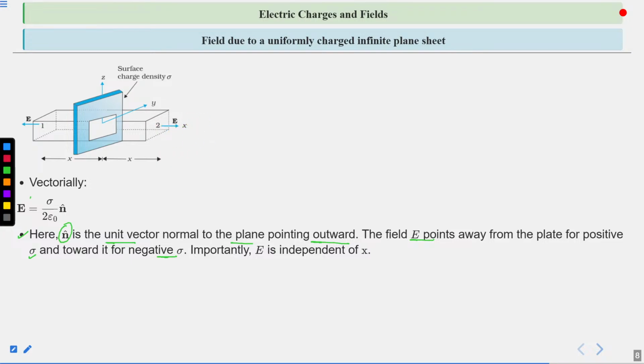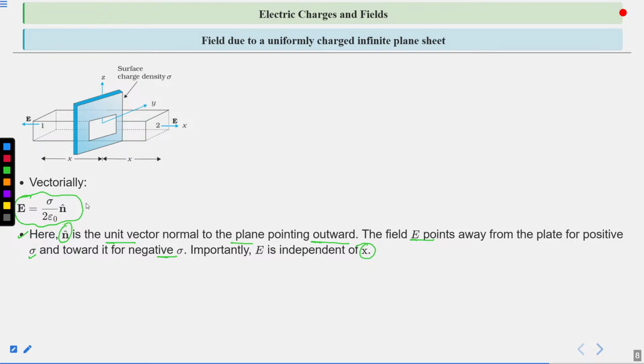Or we can say here E is independent of x. Look at this formula: E is equal to sigma upon 2 epsilon naught n cap. Is there any x present here? No, there is an absence of x, so it is independent of x. If we increase x so much, there will be no change in the electric field.